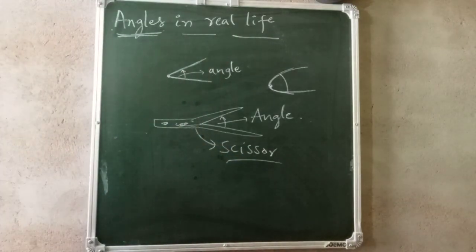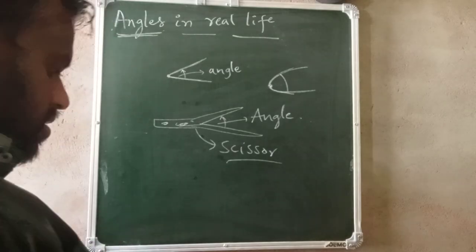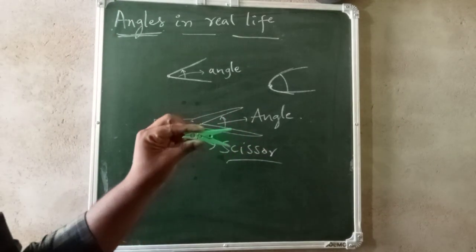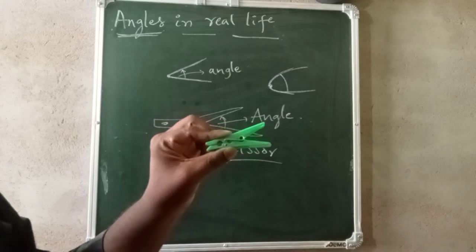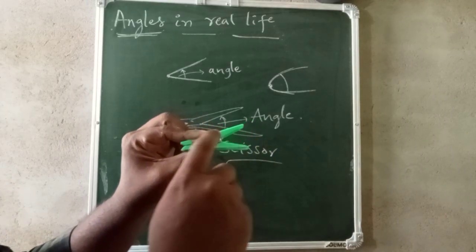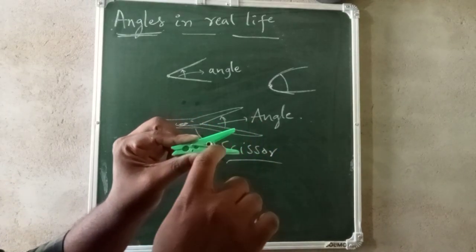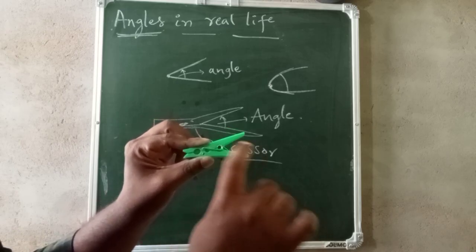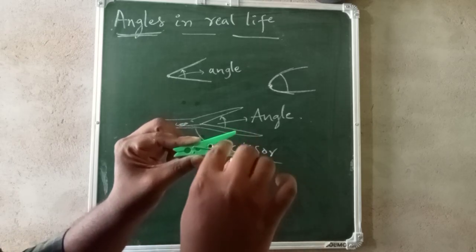Next, see this clip. See, this is the clip. This is like a straight line, this is like a straight line only. So whatever the space formed between this and this, this is angle.